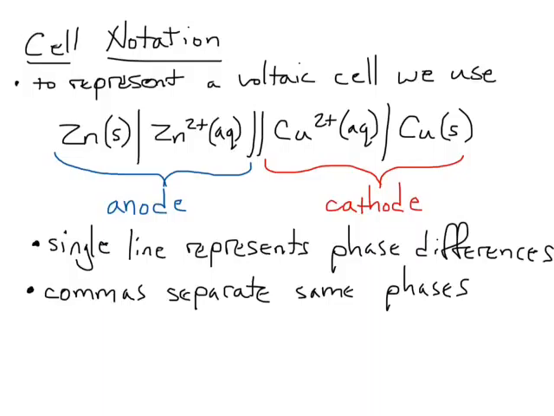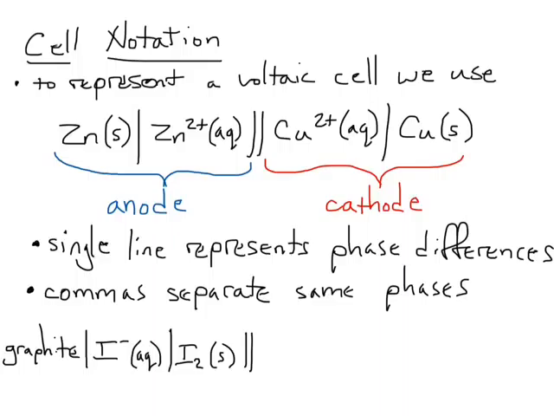So for this one, we would write graphite. Graphite was the inactive electrode, and I would separate that from our I- aqueous and separate that from our I2 solid.